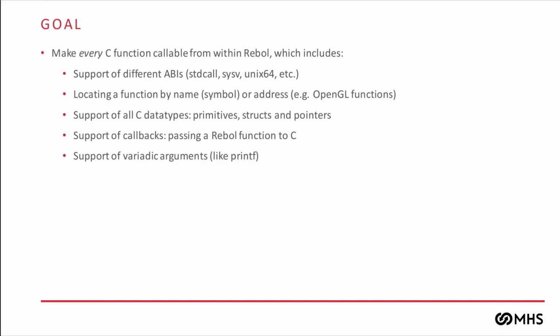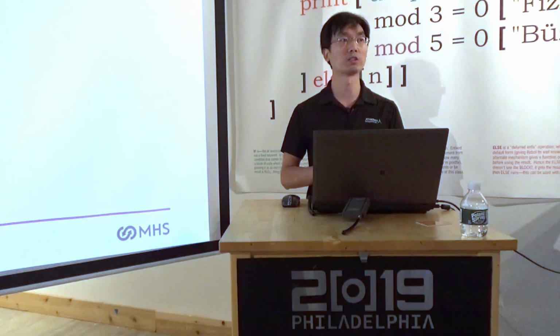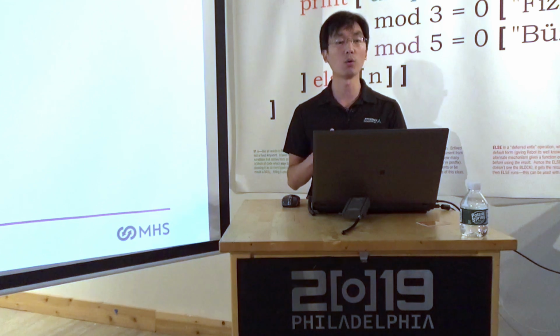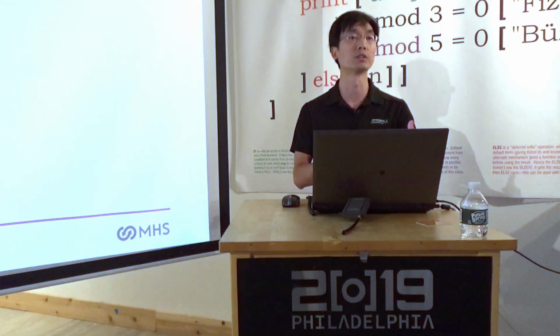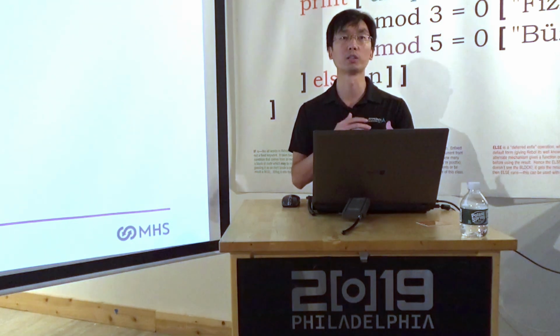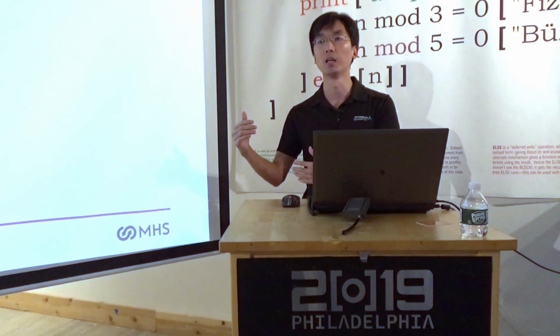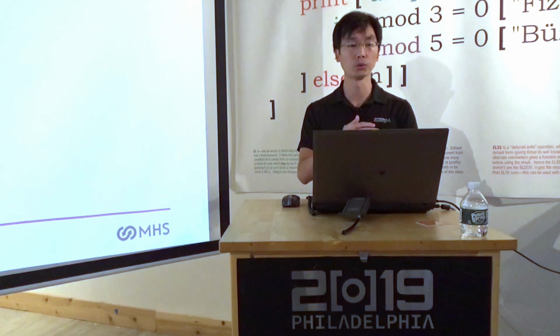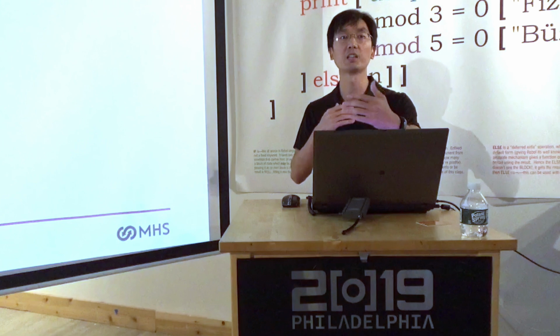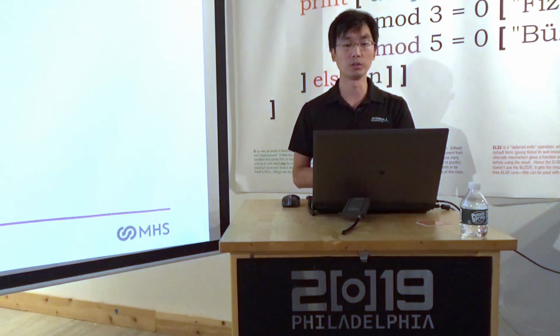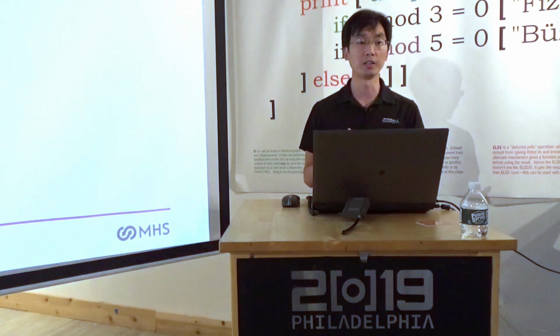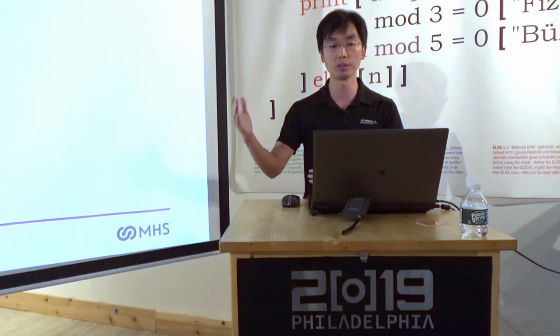It should be able to locate a function by the name or by the address because some of the libraries do not always export the symbols. They could just export a table of functions and another function for you to load the functions from that table. In which case, you will just get an address to a function pointer.